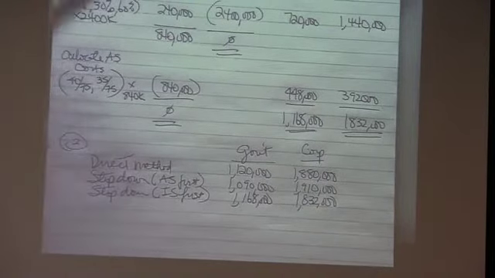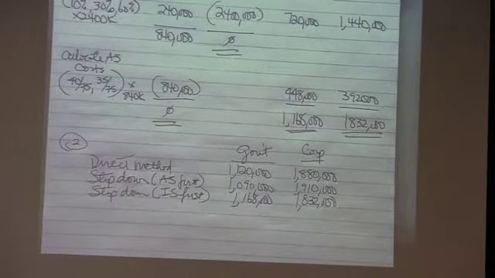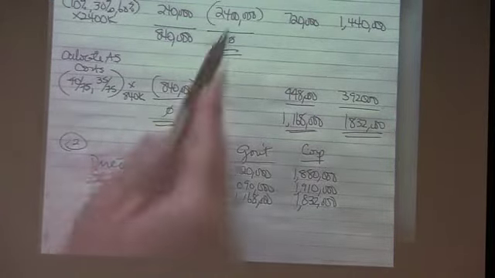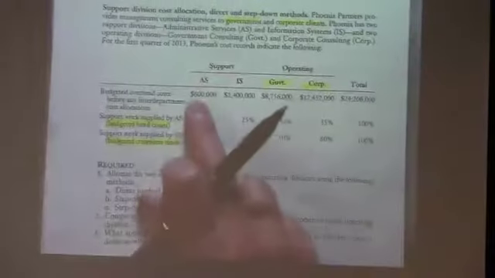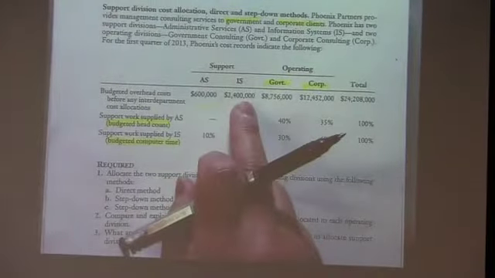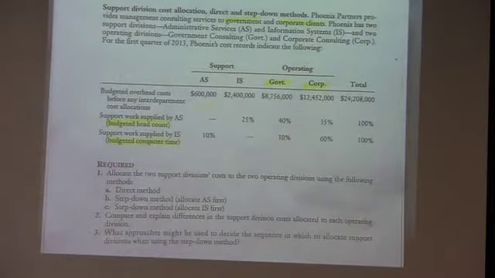So in this case, we saw that we recognize that the IS department does support the administrative department in Part C, and that's why we allocate certain of those costs. Now, the AS support group, so if you look at how much is the support group, if I add these 2, this will be 3,600,000 over 3 million is approximately about 20%.